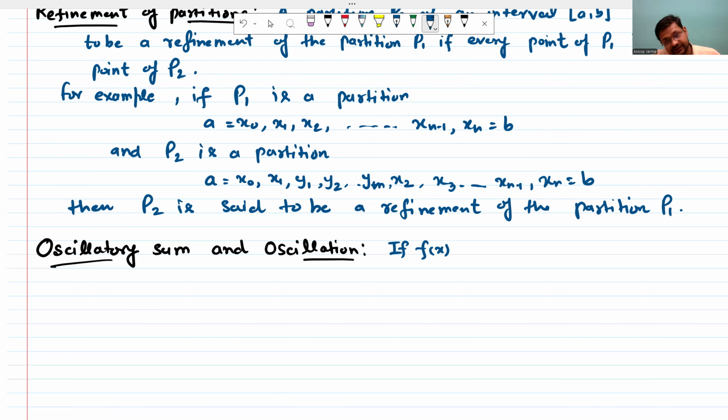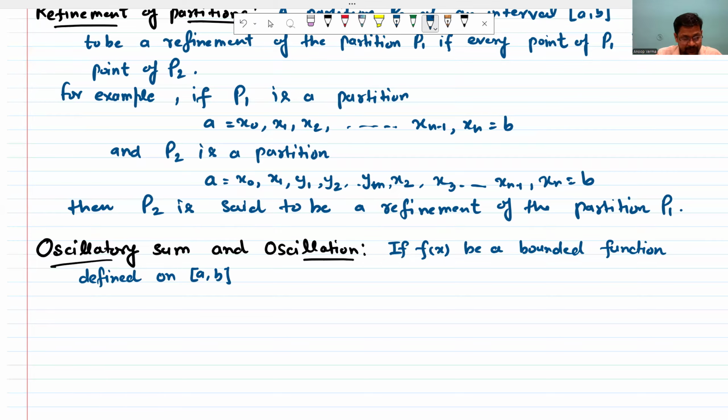If f(x) is a bounded function defined on the closed interval [a, b], and let this be P, just equal to this one.